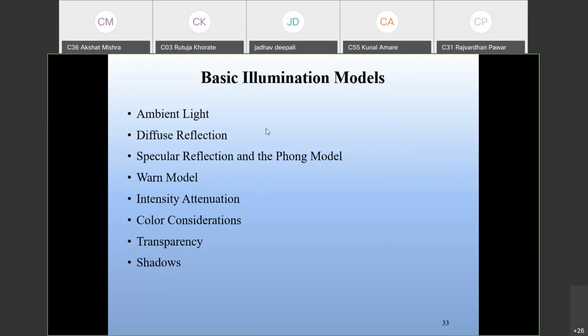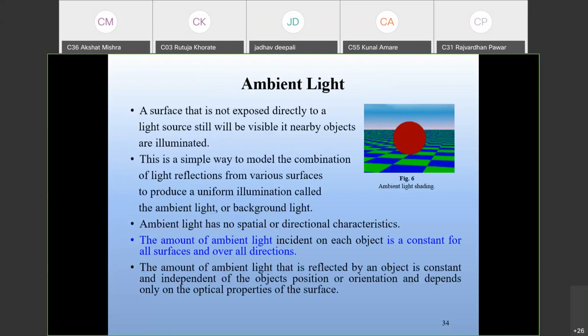So first one is the ambient light. A surface that is not directly exposed to a light will still be visible if nearby objects are illuminated.